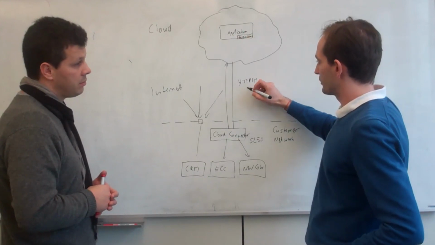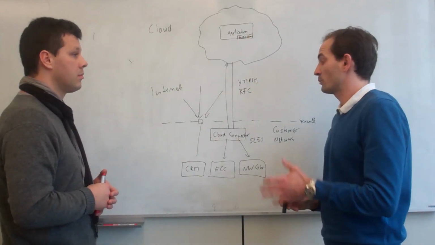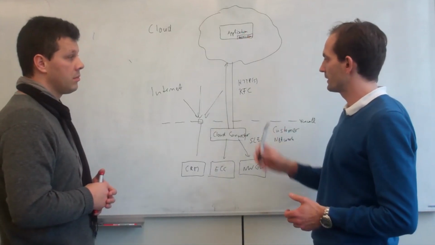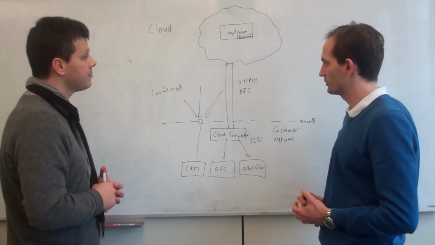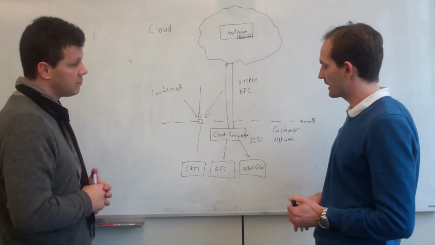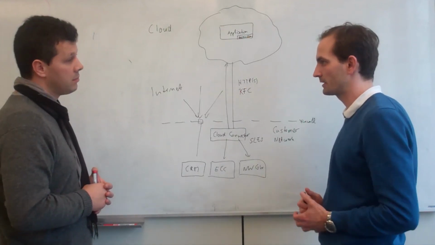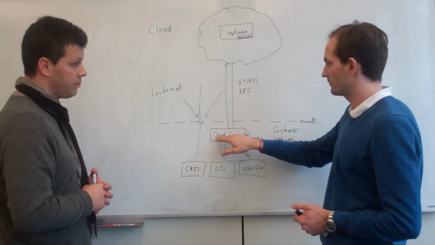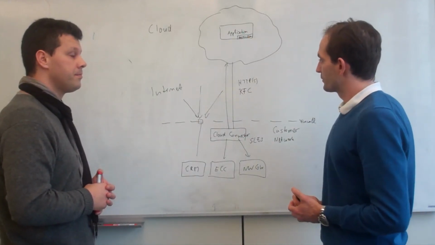Then also an important point is that we will support RFC, so we are in the last mile, let's say, to remote function calls. Remote function calls, ABAP. So you can then directly go to your ABAP system and make use of BAPIs that you like to make accessible. Oh, cool. Of course, also with access control then on the Cloud Connector again.